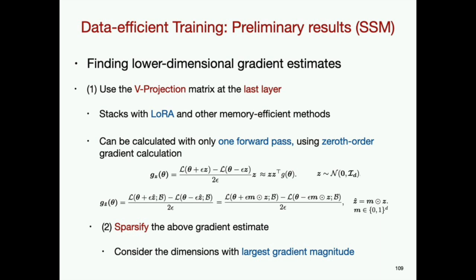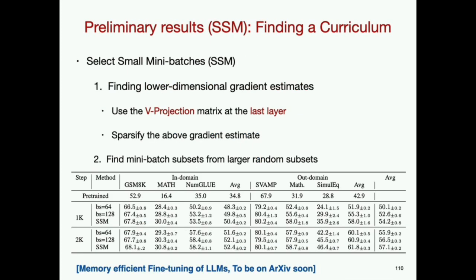Okay, now we can find a subset that matches this much lower dimensional gradient estimate that we find this way. And the algorithm is similar to what I explained in the first part. So we take a larger random subset, and we find a smaller mini batch that matches this lower dimensional gradient estimate from the previous slide.